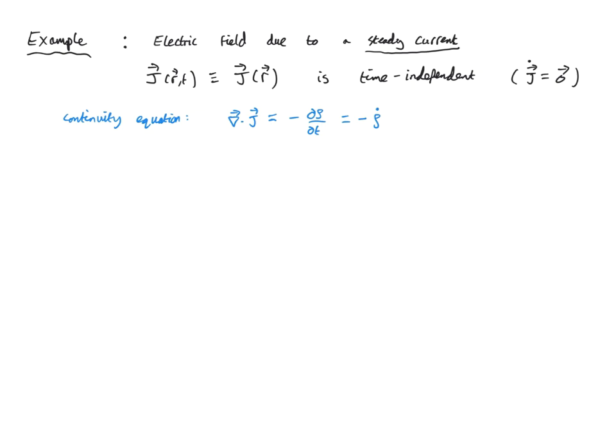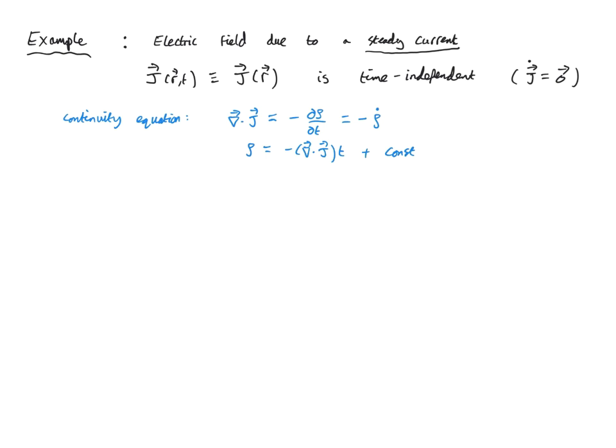Integrating that with respect to time, we find that rho is minus the divergence of J times the time t plus a constant. And we can do this because we know that the divergence of J is independent of time, and that's because the current itself is independent of time.